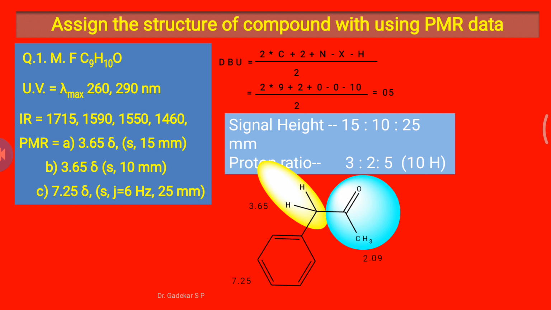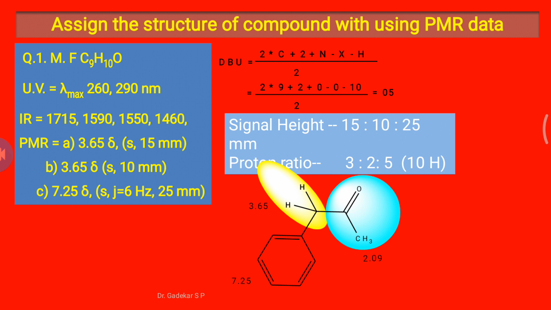So next, signal heights. The signal heights given have a ratio of 15 to 10 to 25. So it indicates a proton ratio like this, 3 to 2 to 5. The first, 15 millimeter peak height, indicates the presence of 3 protons, a 3 proton singlet. Second, B, its peak height is 10.